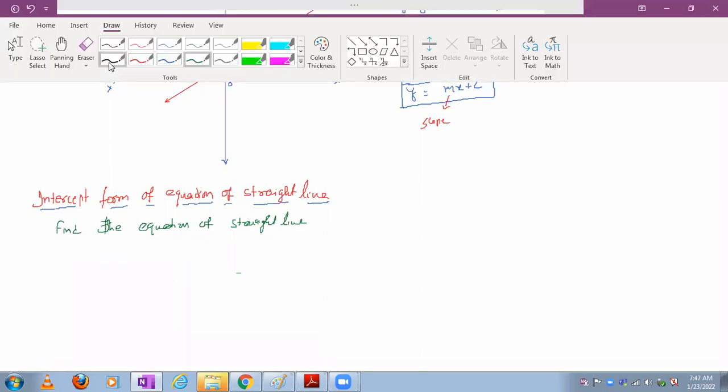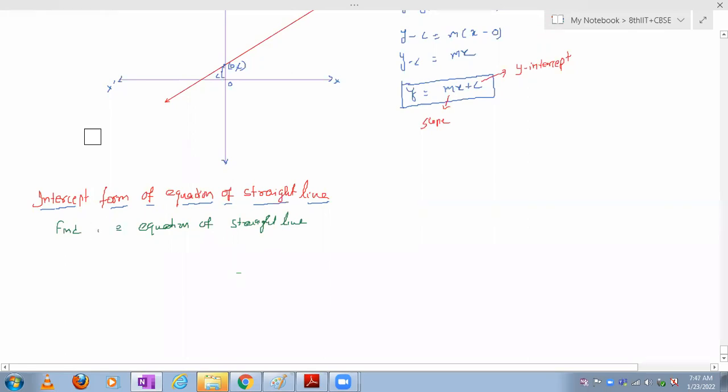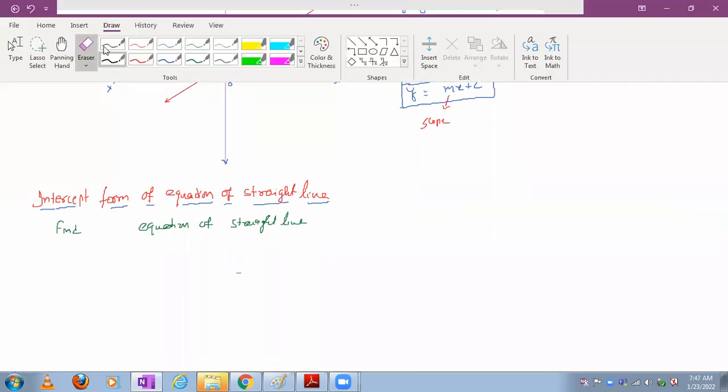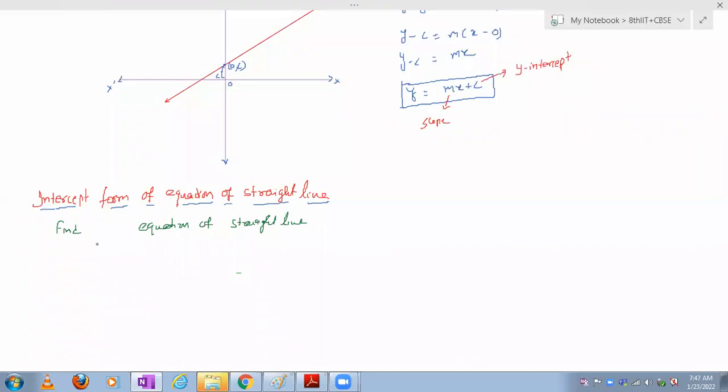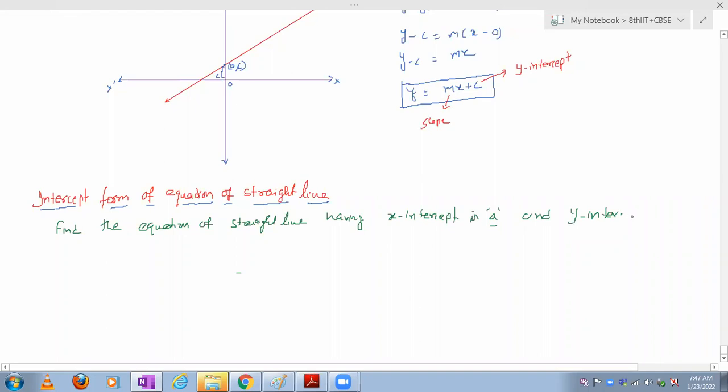So find the equation of straight line having x-intercept a, right? And y-intercept is b.